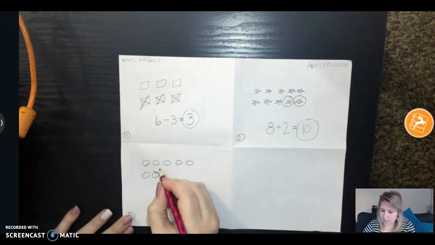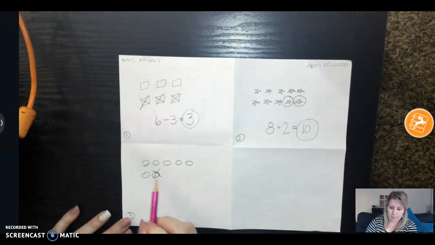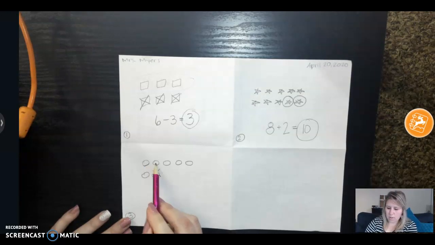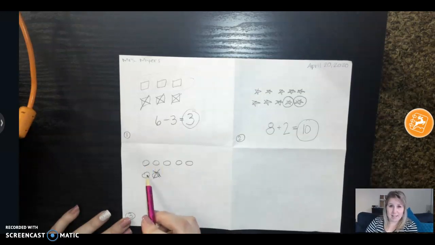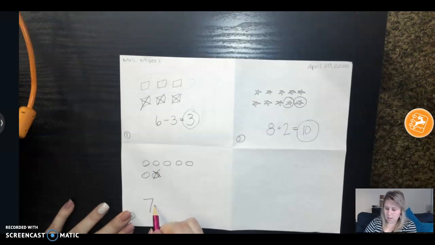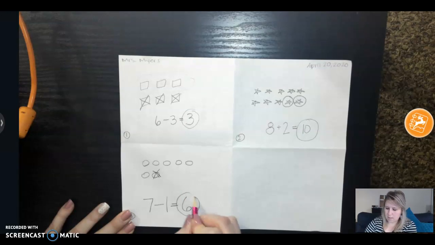So we're going to draw an X. 1 galloped away. How many horses are on the farm? Okay, remember, we can't count this one anymore. 1, 2, 3, 4, 5, 6. There were 7 horses, and then they took away 1 horse, and that equals 6.